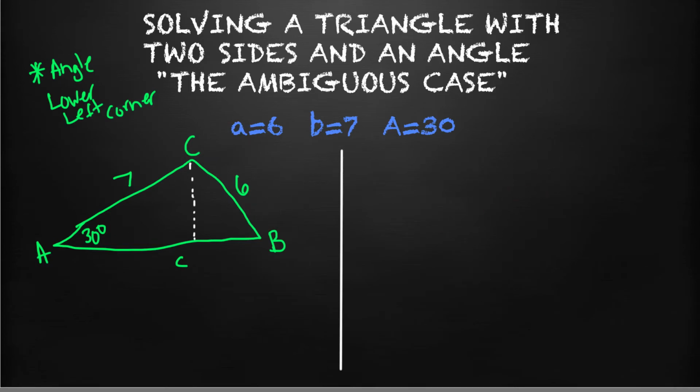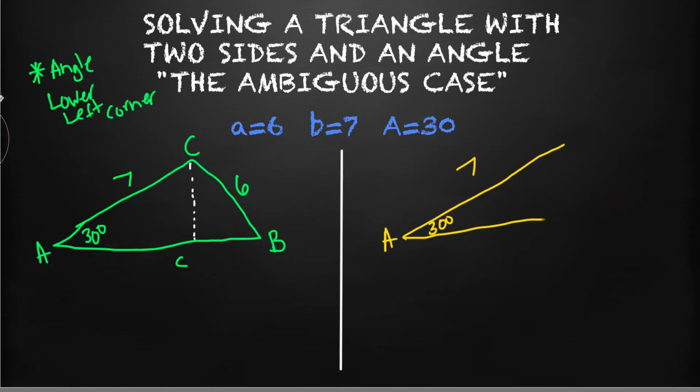Now, what would stop another student from drawing the same triangle with the same information, where side B is 7, angle A is 30, but you have, and you know what, let me erase this a little bit.